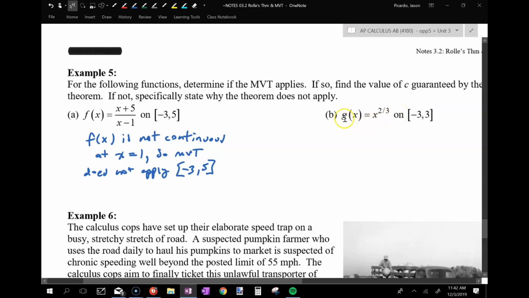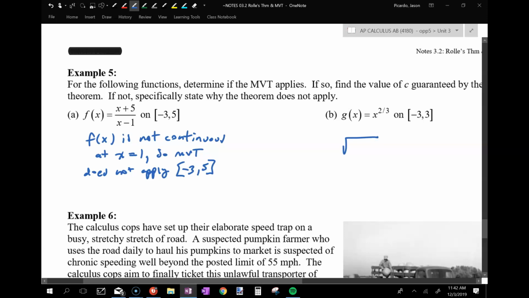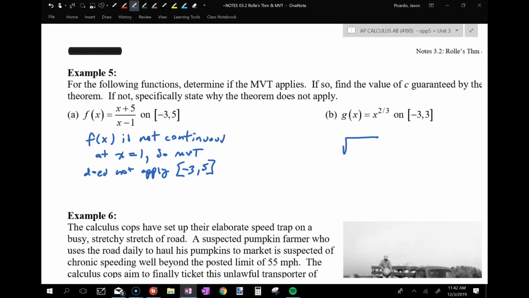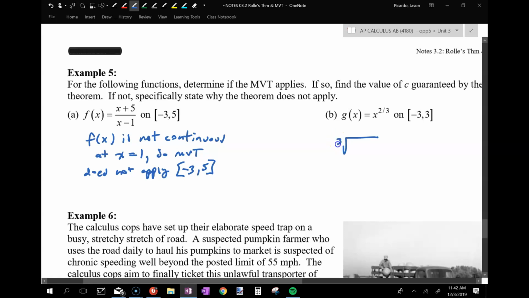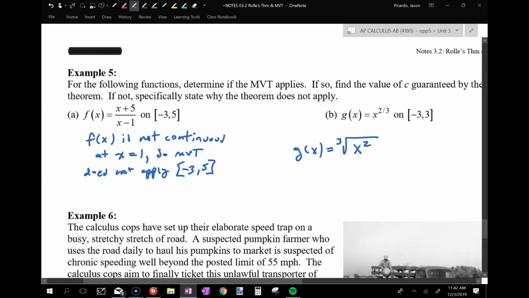What about B? How could I rewrite that, first of all? I don't like fractional exponents. They confuse me unless I'm doing derivatives. That's the same thing as the square root of what? The cubed root of x squared. Good. All right, so that's a way that I can write it. Now, when I write it like that, it actually helps me analyze what's happening.